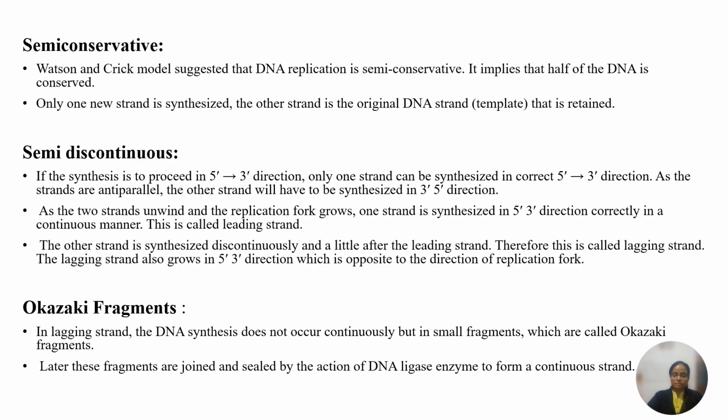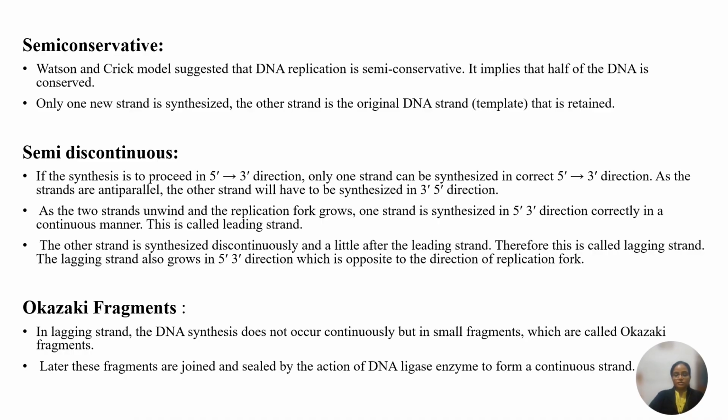So what happens in this template strand? The only possible way for the synthesis for this template strand is that the new strand has to be synthesized in the 5' to 3' direction. So it is being synthesized in the direction opposite to the movement of the replication fork, right?